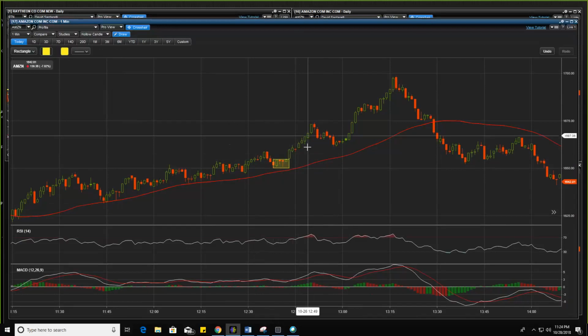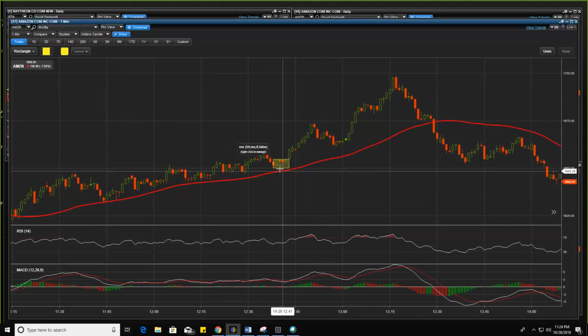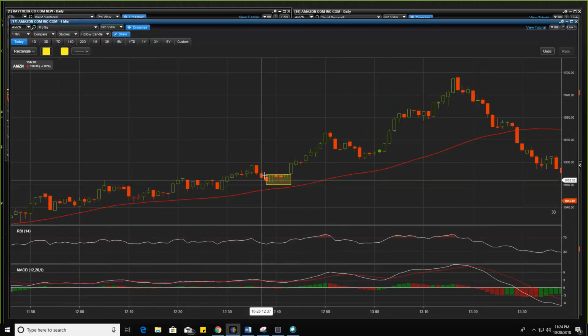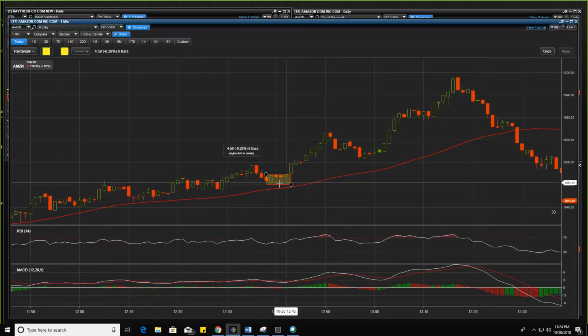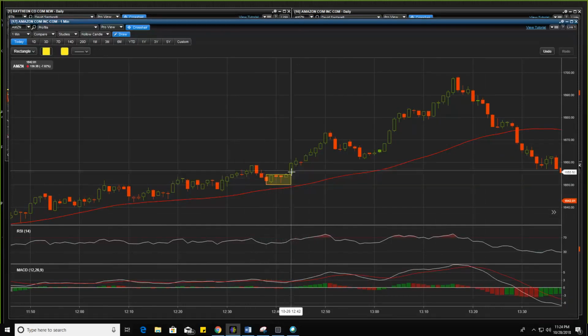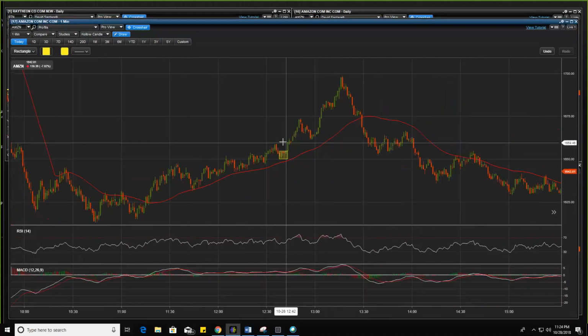If you zoom in a little bit more, see how the candles are within each other. The base, the wicks, the bodies, they're within the previous candles. Once you break above that, that's your buy signal. This is telling me that we're having that next wave higher. So this would have been my entry point.